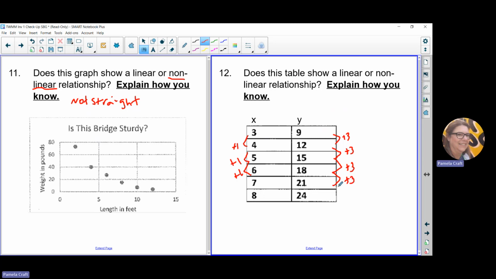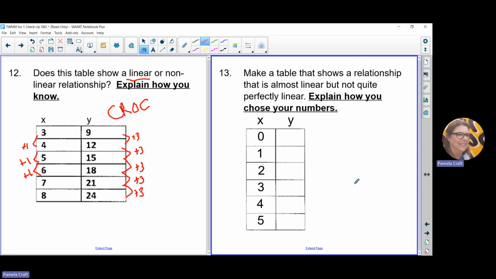And 21 to 24, also plus 3. When I see this happening, that tells me that it is linear because there is a CROC. There is a constant rate of change, or a CROC.